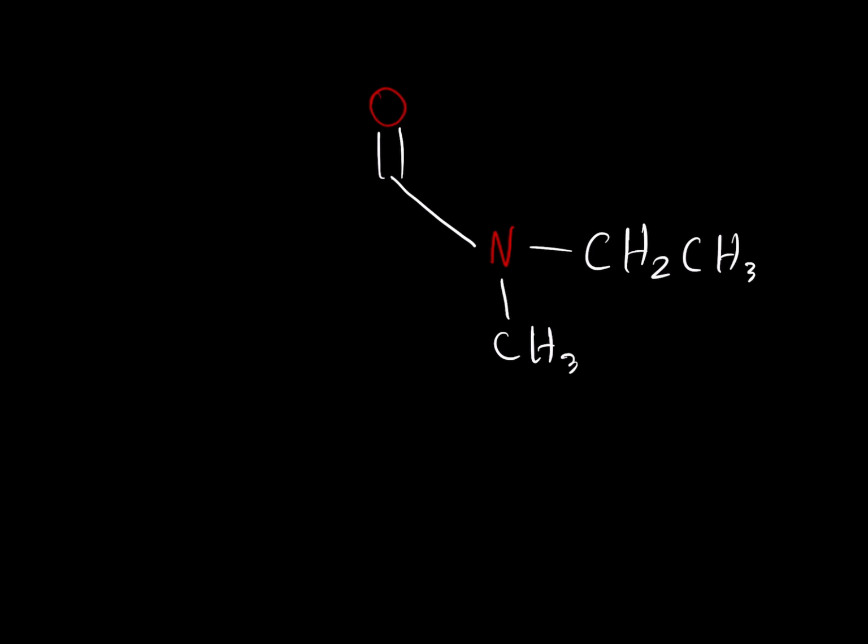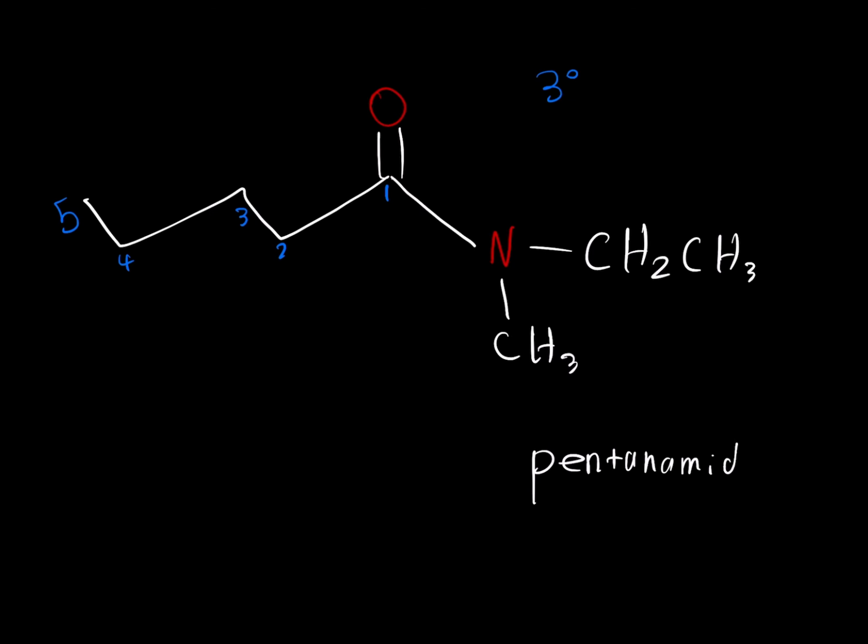Now, what if we have different types of substituents on the nitrogen? What do we do here? Our main chain has 5 carbons, so this would be pentanamide.